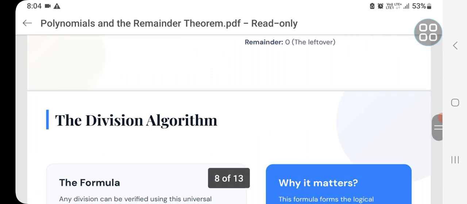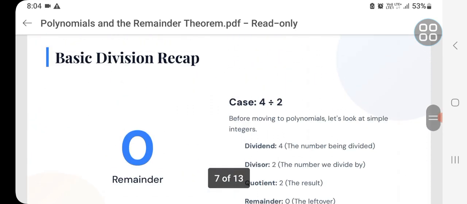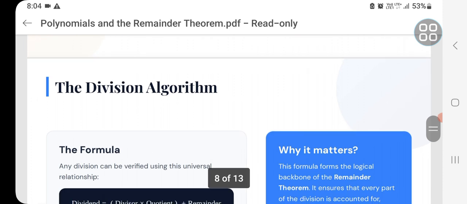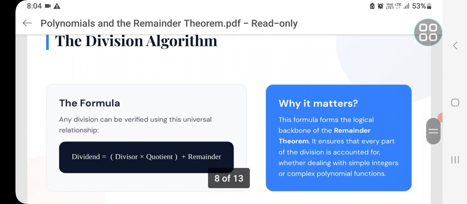So just take this example, 4 divided by 2, and substitute here. The dividend is nothing but 4, and it equals the divisor 2 into the quotient 2, plus the remainder 0. So divisor 2 into quotient 2 is nothing but 4, plus 0 because the remainder is 0. 4 plus 0 is nothing but 4.